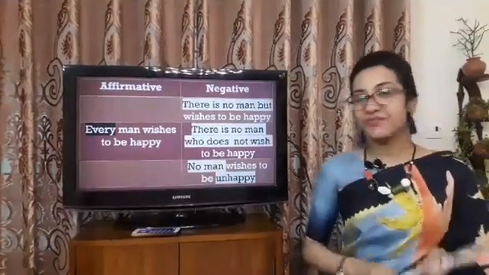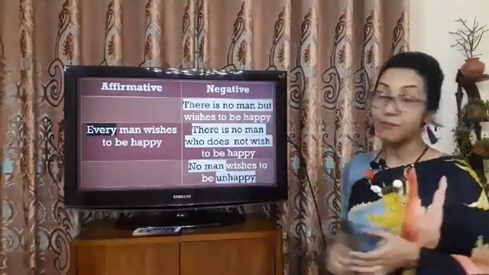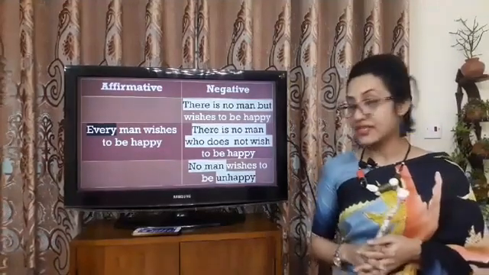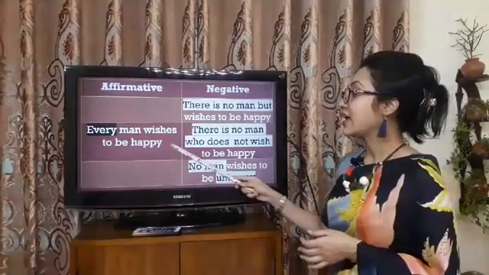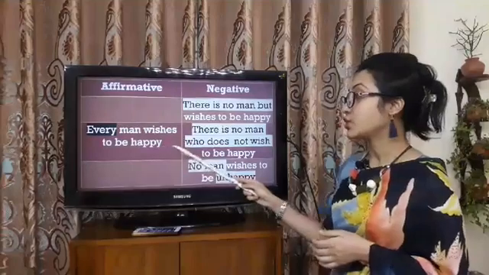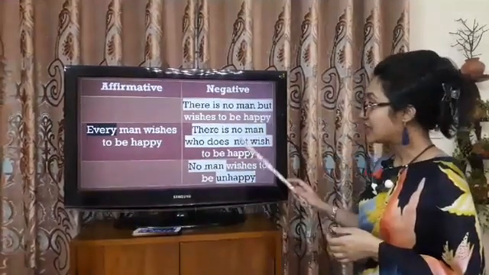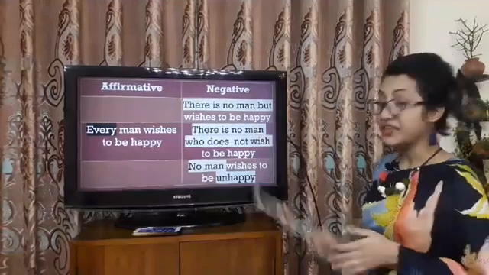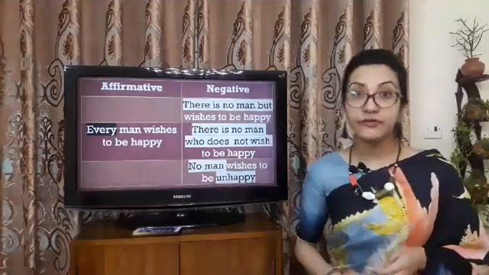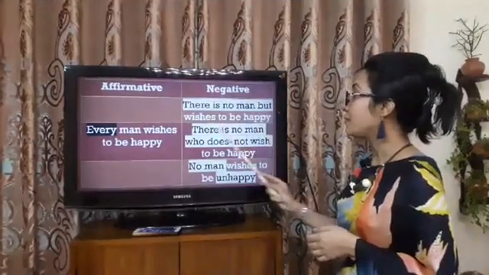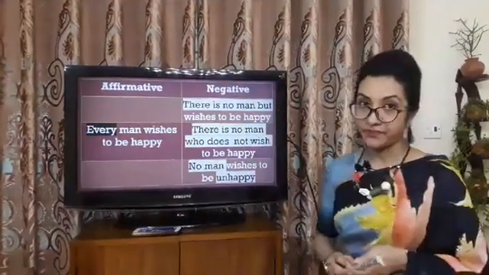So let's see. This is the first example of transformation in today's class. In the affirmative sentence, we have: every man wishes to be happy. Now, I have made it negative in 3 ways. In the first one, I have written: there is no man but wishes to be happy.